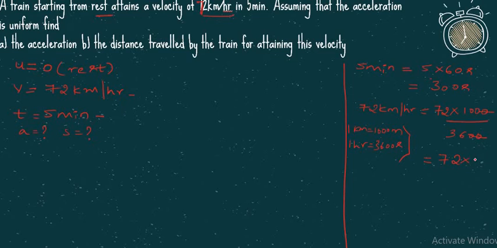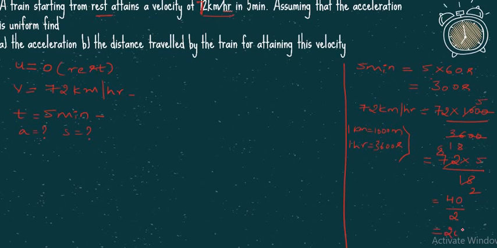So I will write this as 72 into 5 into 5 divided by 18, correct? 2 eights are 18, right? So it will be equal to 8 fives are 40 divided by 2.